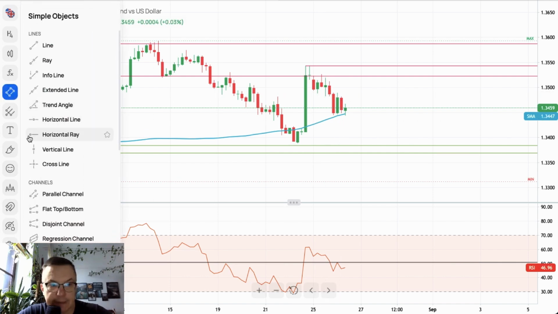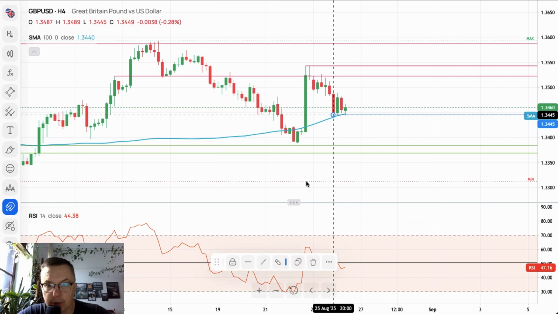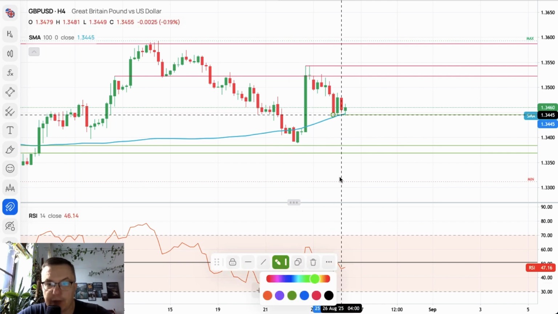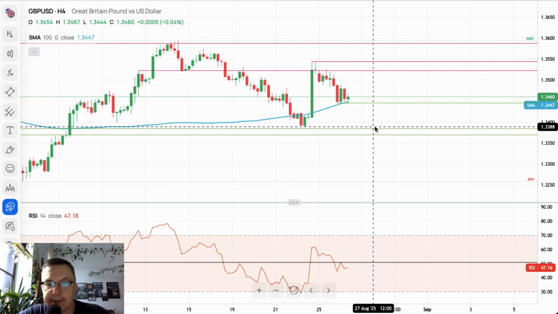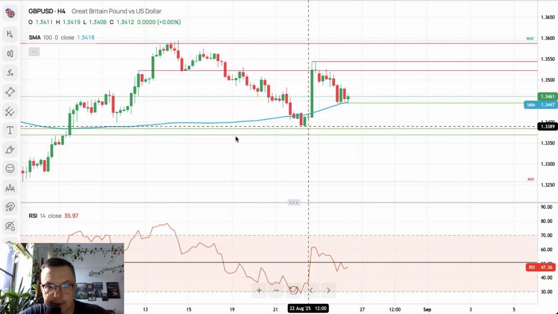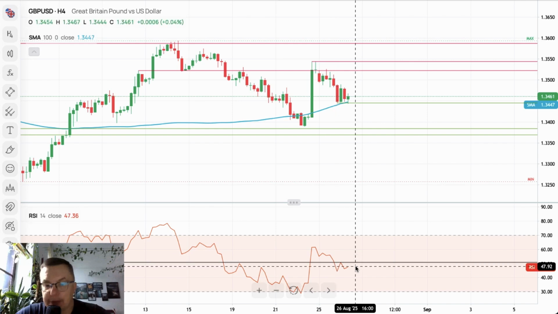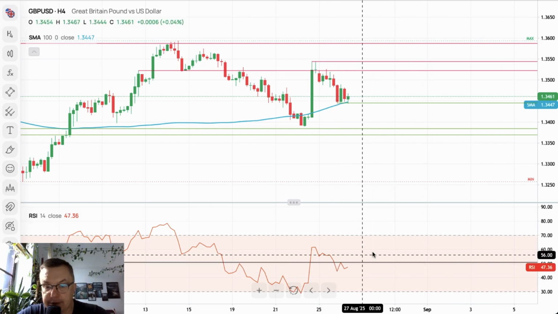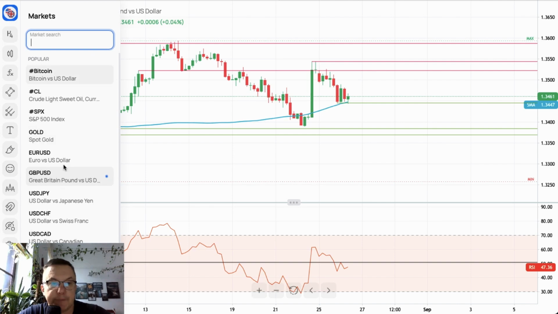The local technical support is located at 1.3445, and in a case of a breakout lower, we might see further development towards 1.3385, 1.3370. Momentum wise we're back below the level of 50, 47 points, so neither bulls nor bears have the power over this market.